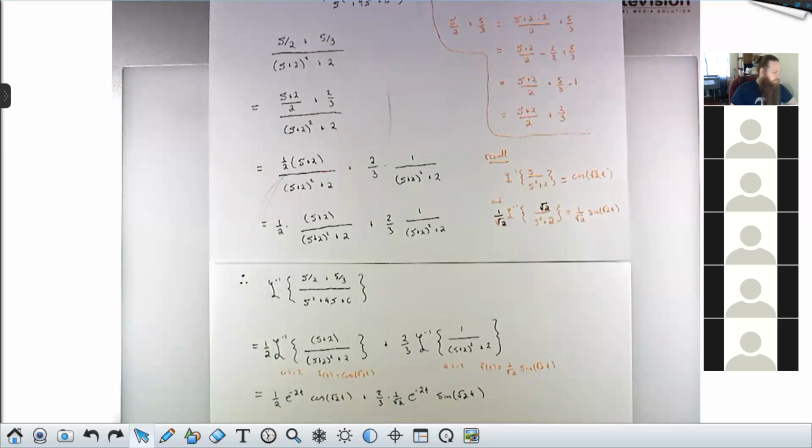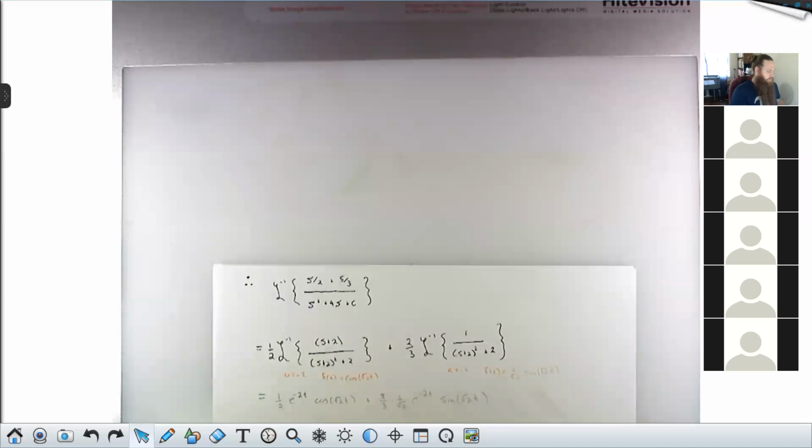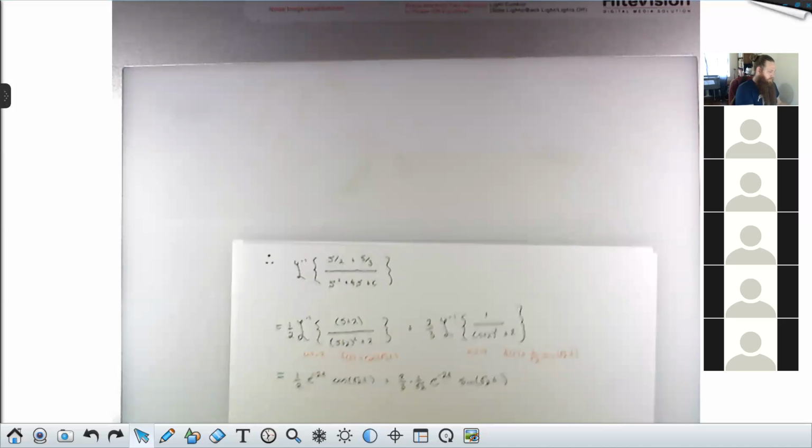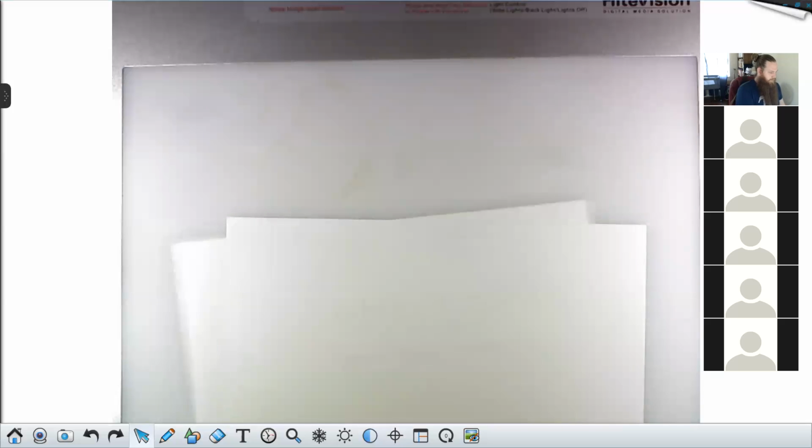All right, let's solve a differential equation. Solve on a fresh page.